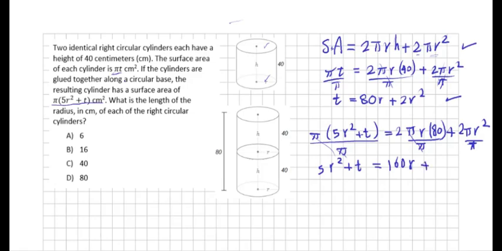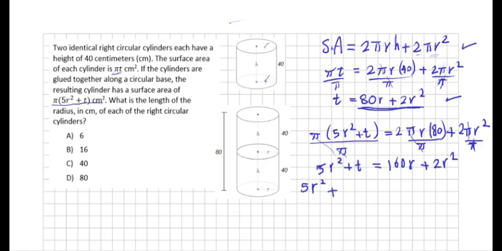This equation consists of two letters only, r and t, but t can be replaced with the value from the first equation. So we replace t by 80r plus 2r squared.